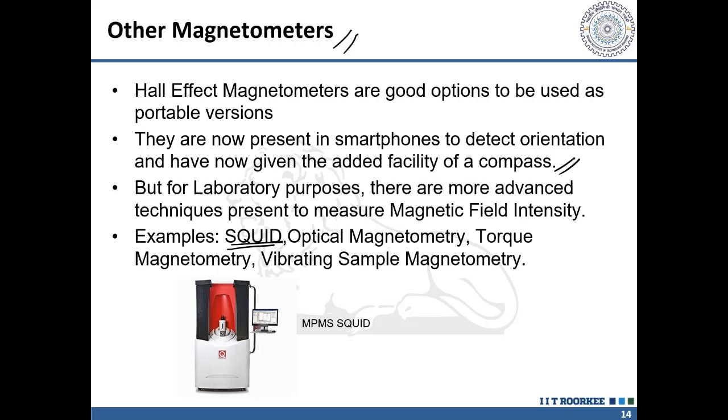Optical magnetometry, torque magnetometry, and vibrating sample magnetometry are other techniques that can be used. So basically, these are laboratory techniques. The Hall effect magnetometer is mostly a survey technique of measuring magnetic field and its orientation.